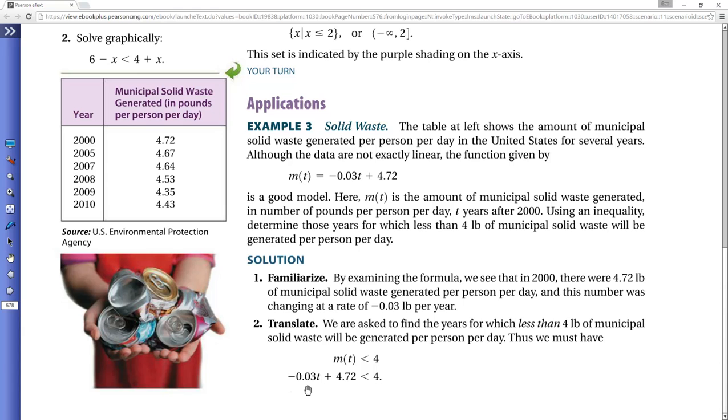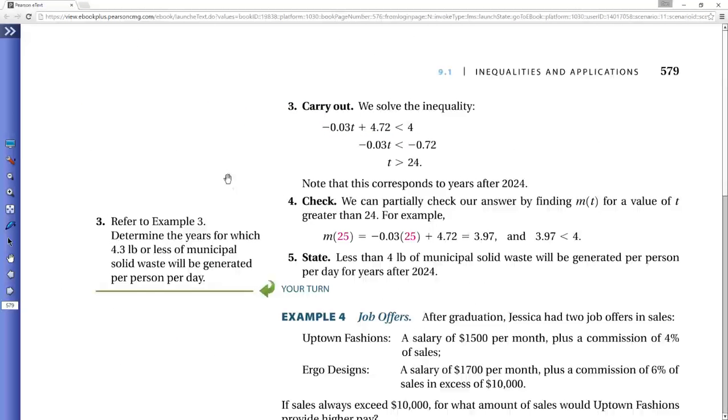So negative 0.03 t, t is years after the year 2000, plus 4.72 needs to be less than 4. So we have an inequality, we need to carry that out.